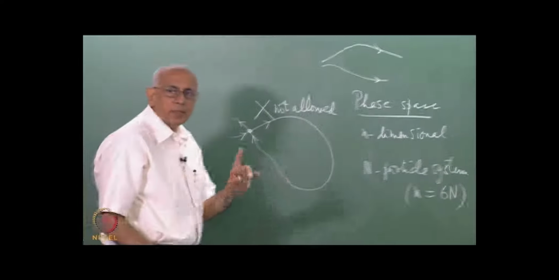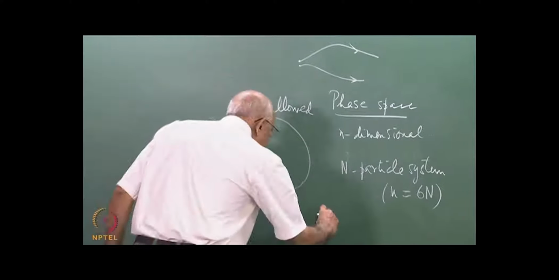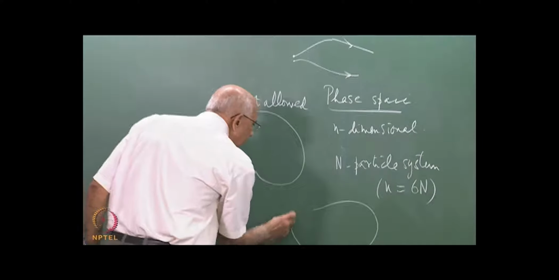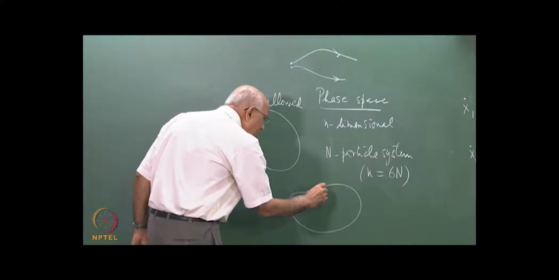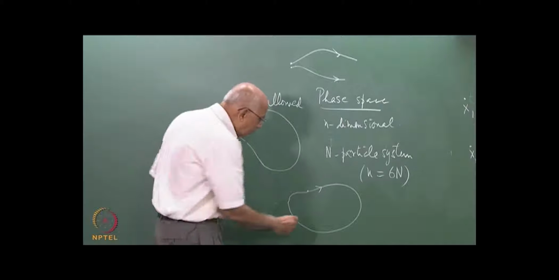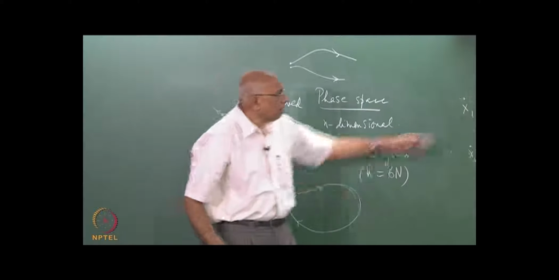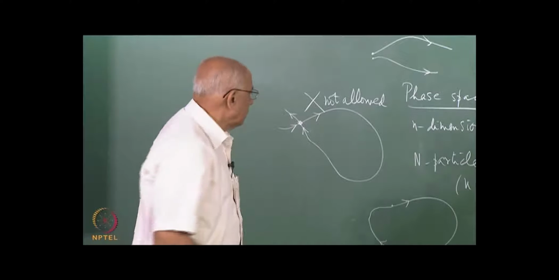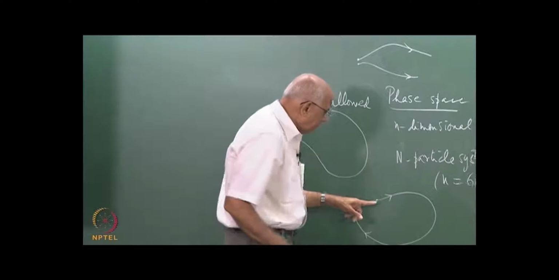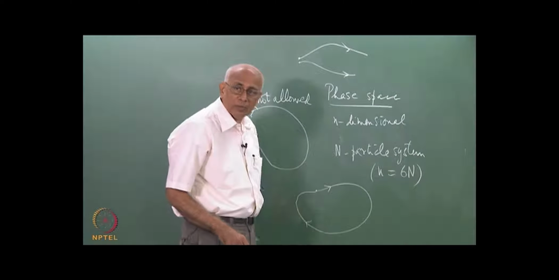There is only one exception, and that exception is if you start at some initial point and the system can come back to that same initial point and then thereafter continue forever in the same orbit. The reason being that this set of equations is explicitly independent of time. So if you started at this point and it came back to this point, it is doomed to continue this same path forever afterwards.